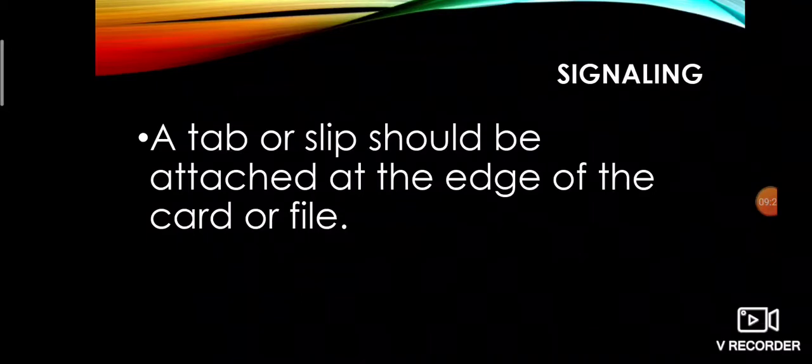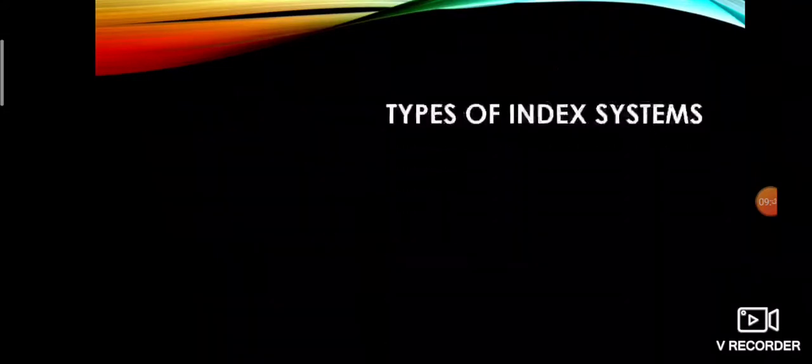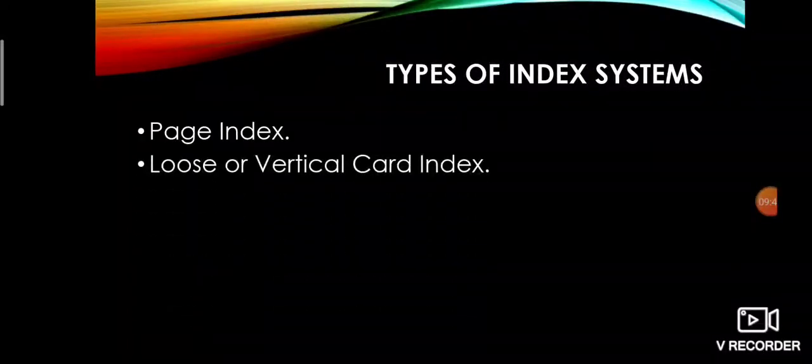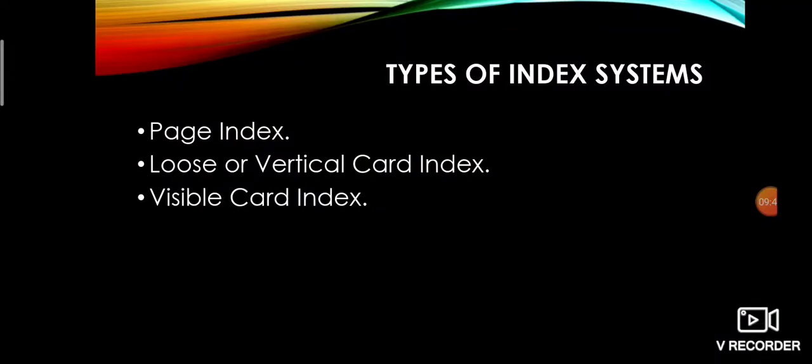Alright, so let's proceed now to the types of indexing. What are the types? We have a page index, loose or vertical card index, visible card index, strip index, and rotary index.